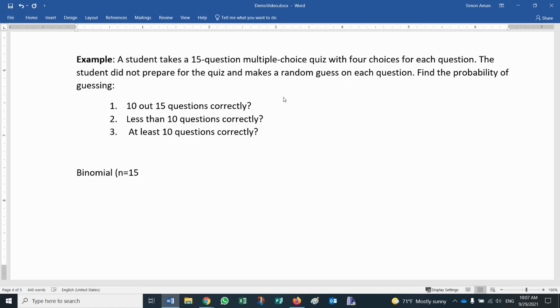And then the probability of success in this case is 0.25 or 1/4, because of the 4 choices A, B, C, D, only one of them is right. And if the student is randomly guessing, the probability of guessing it correct is 25% or 1/4. All right.